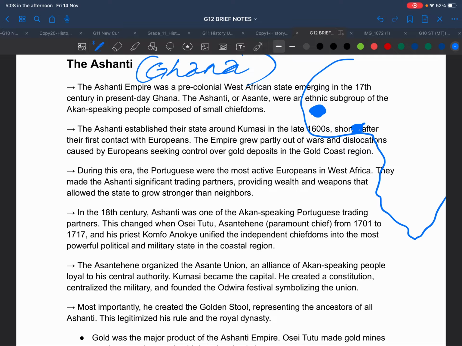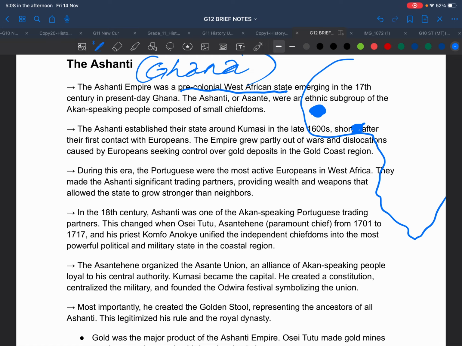The Ashanti Empire was a pre-colonial West African state that emerged in the 17th century in present-day Ghana. The Ashanti or Asante were an ethnic subgroup of the Akan-speaking people, composed of small chiefdoms.